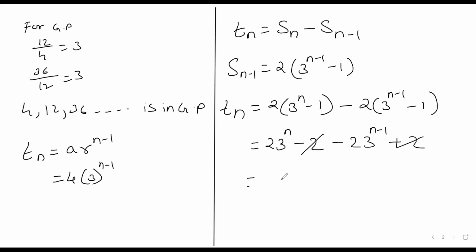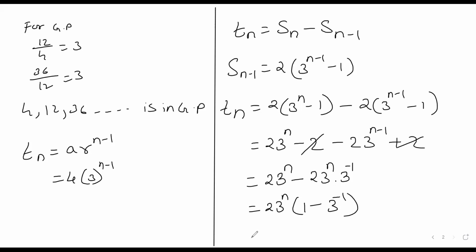This will get cancelled. This is 2 times 3 raised to n minus 2 times 3 raised to n into 3 raised to minus 1. Taking 2 times 3 raised to n common, 1 minus 3 raised to minus 1, that is 2 times 3 raised to n, 1 minus 1 by 3.